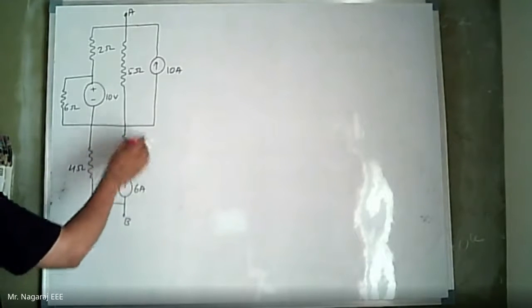Generally we add resistance into the circuit to limit the current or to create a voltage drop.